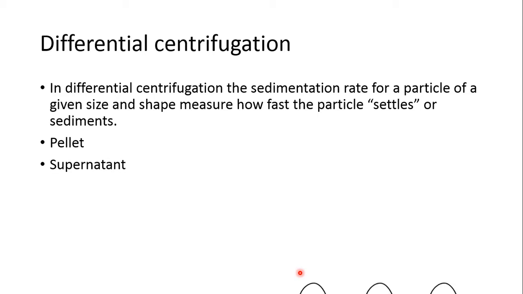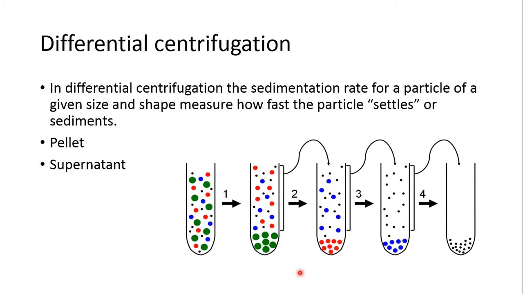What are this pellet and supernatant? I will describe it with this diagram. After homogenization, we put our homogeneous mixture in this test tube. Here you can see a mixture of different components of smaller and larger sizes, from higher to lower size: green, blue, black, blue and red color particles.